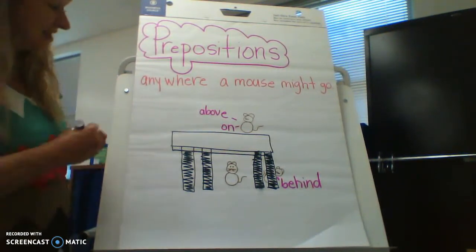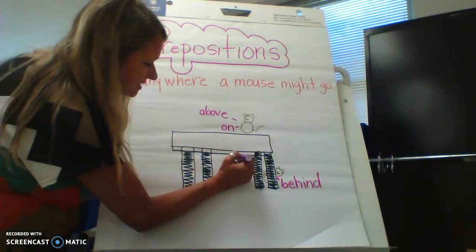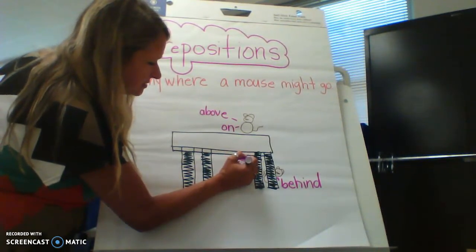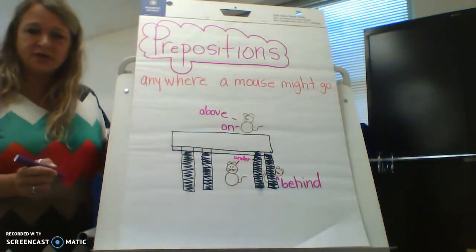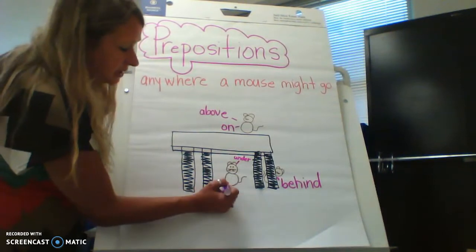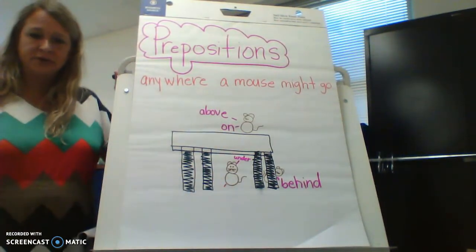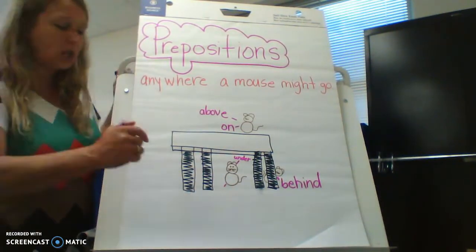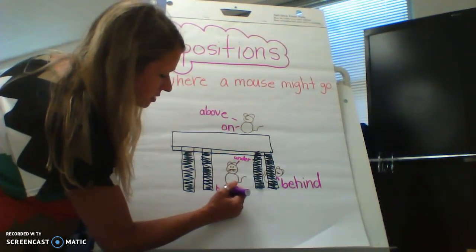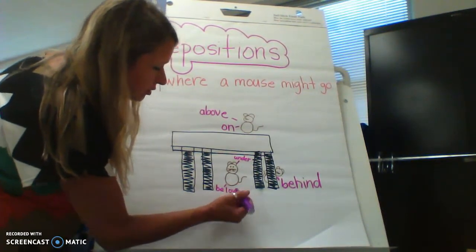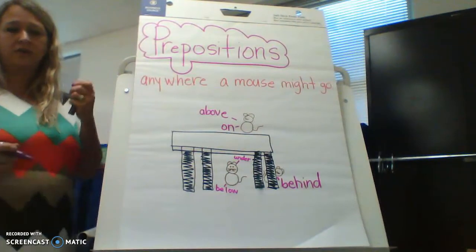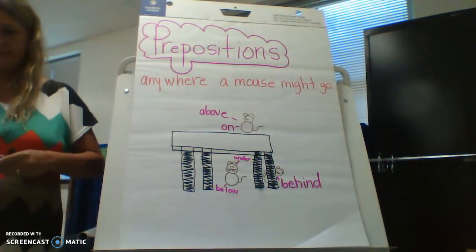Yeah, he is under the table, just like the paper was under my feet. What's another word for under? Below. Below the table. Under and below tell where the mouse is there.